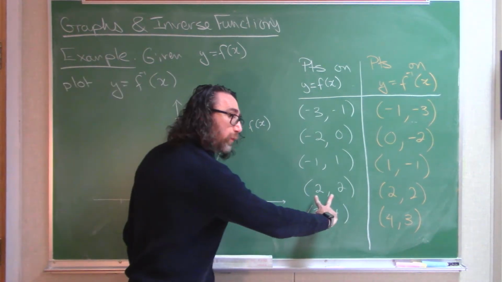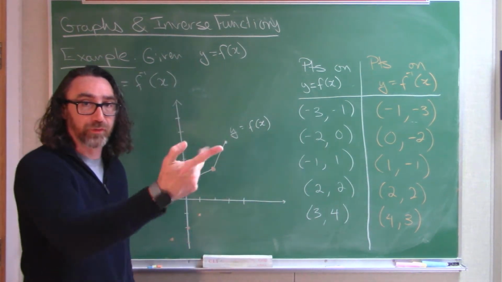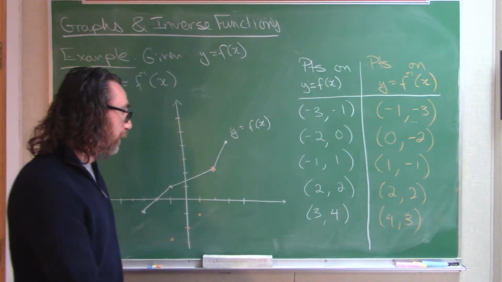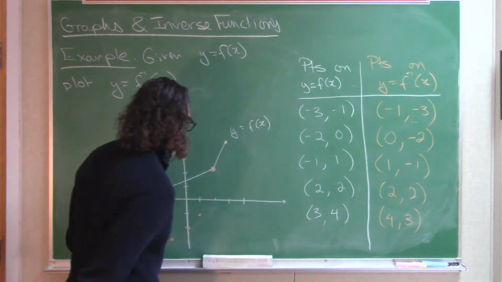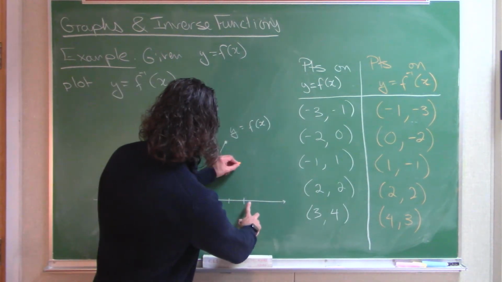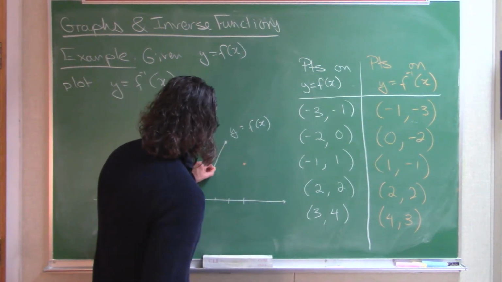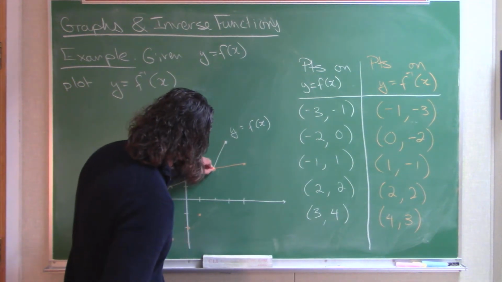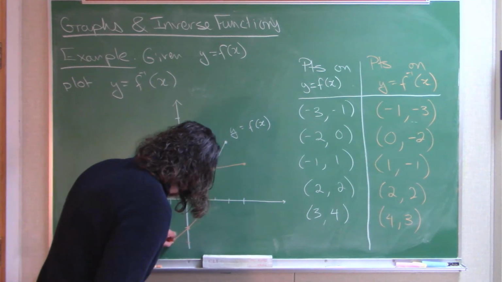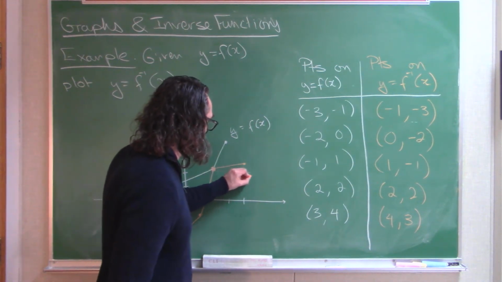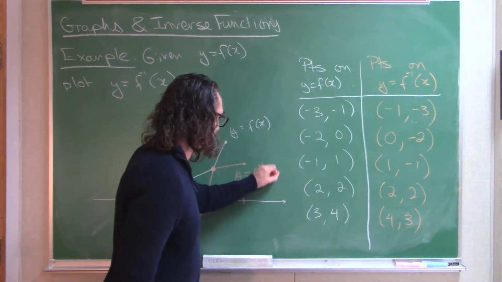That was because the two coordinates were identical, so when I swapped them I just got back the same thing. But here they were not identical. (3, 4) becomes (4, 3), the point on f inverse, which is over here. Now we'll just connect the corresponding anchor points there. And we got this. That's y equals f inverse of x.